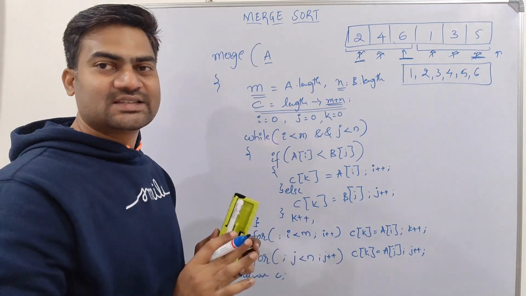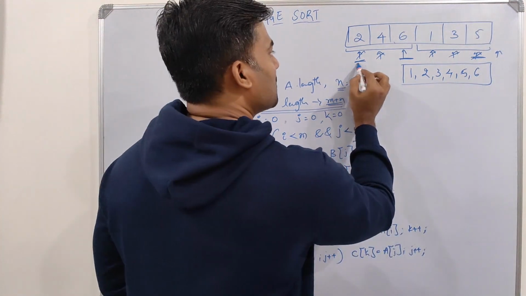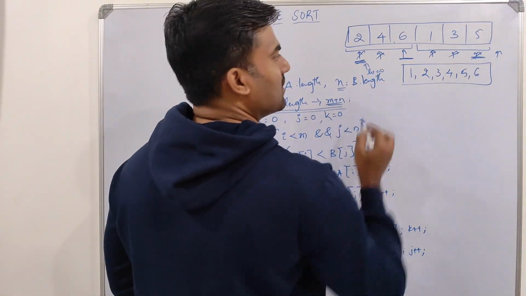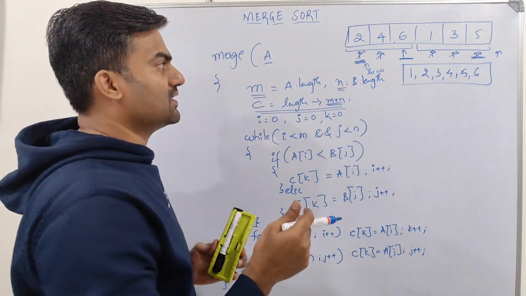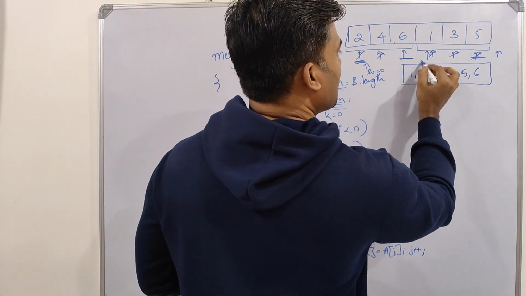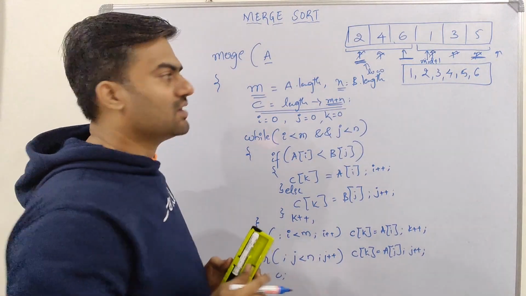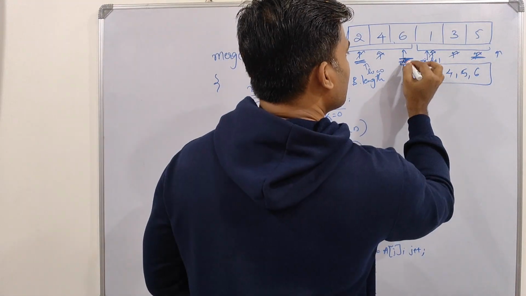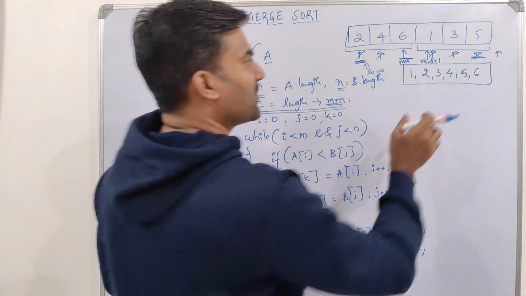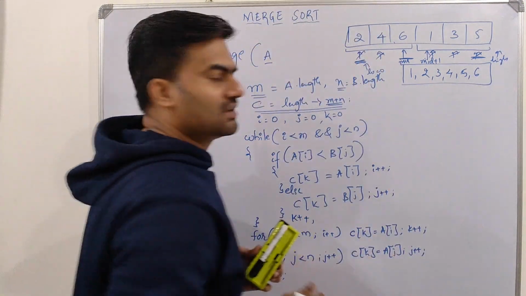So three things I should know, because my first pointer points to the low, and my second pointer points one place after my mid, and this is my mid. My mid is nothing but the length of the first array, and this is my high.